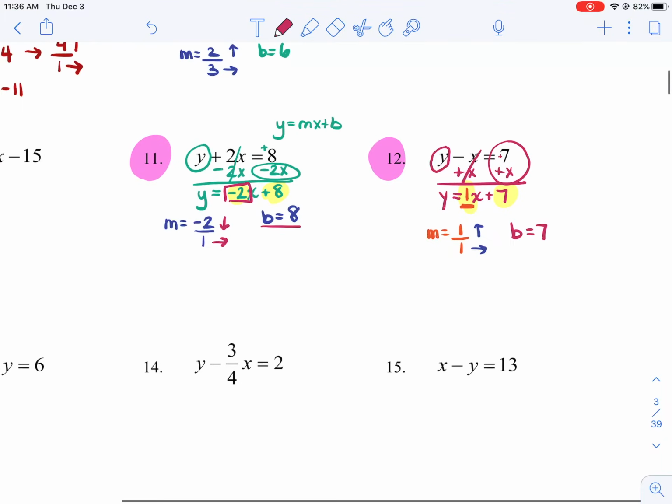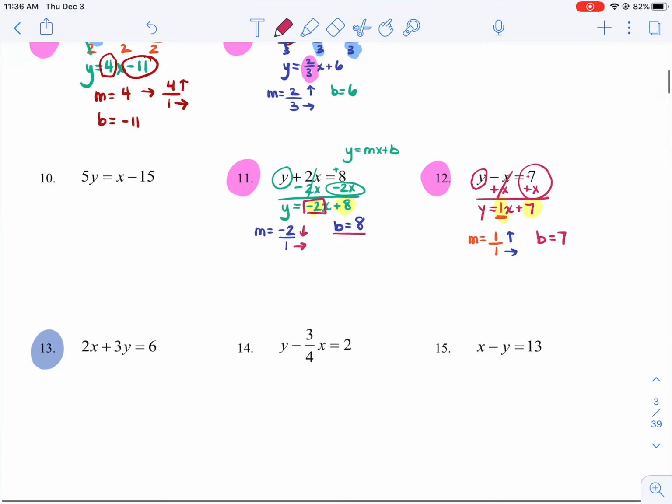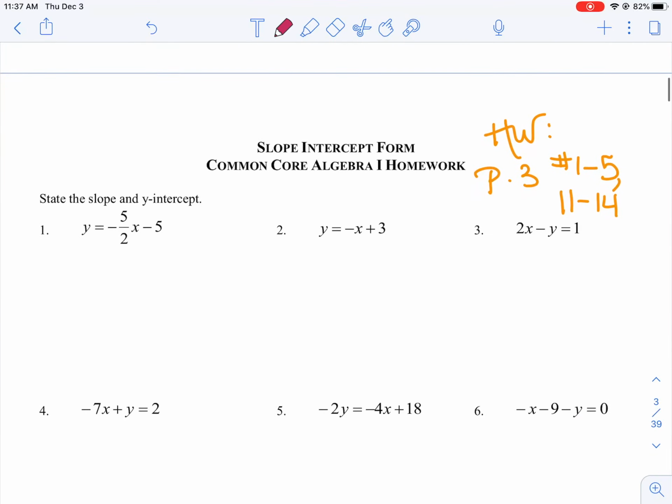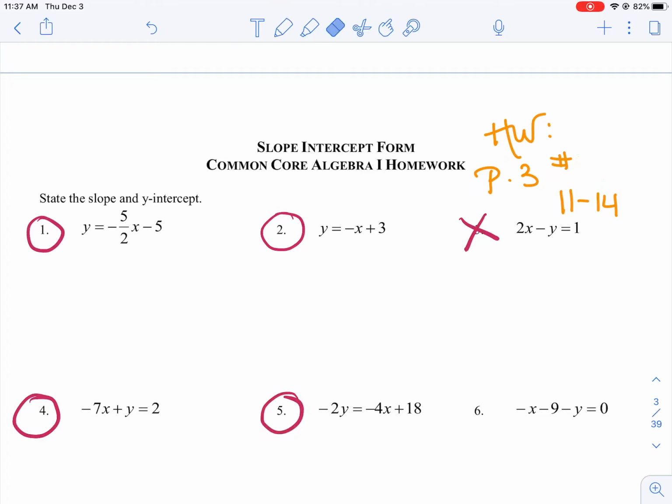All right, so hopefully, again, feel free to pause the video if you need to go back and try those. But we're going to have you guys try a couple on your own. If you flip to page 3, do number 1, 2, and actually, no, skip 3, guys. That's sort of a tricky one. 4 and 5. So 1, 2, 4, and 5.